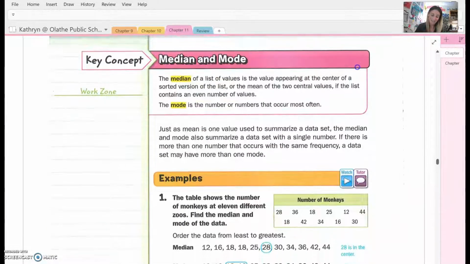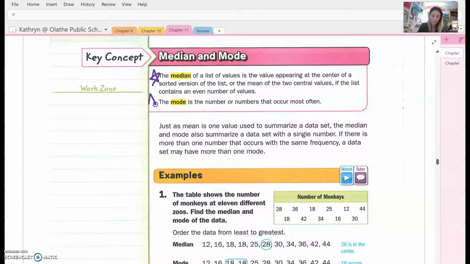All right, again, right here, if you want the true definitions of median and mode, let's take a look. It says the median of a list of values is the value appearing at the center of the sorted version of the list, or the mean of the 2 central values if the list contains an even number of values.